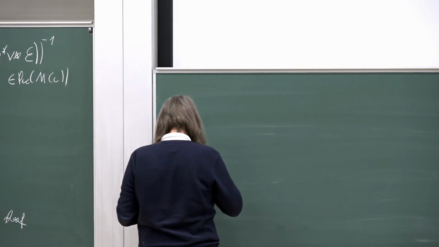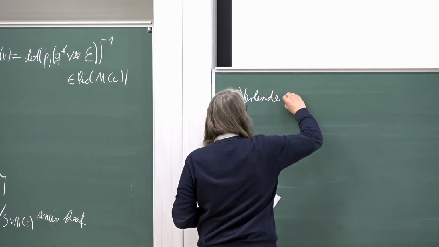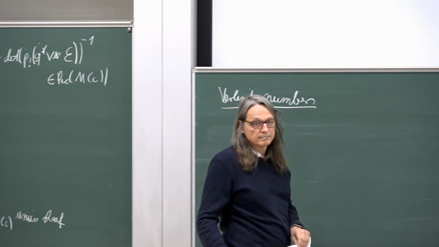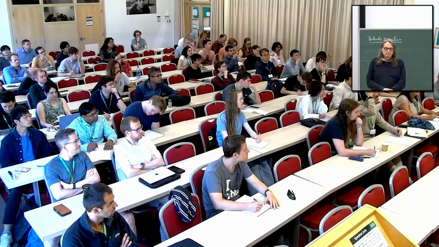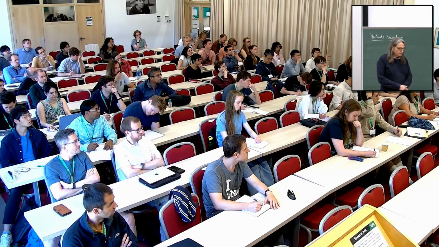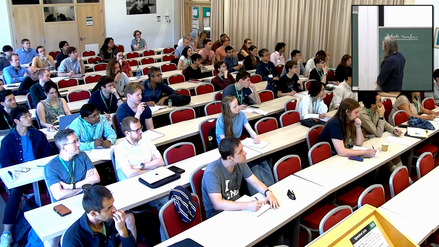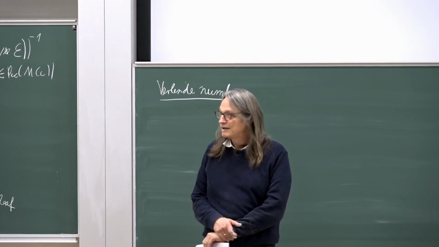define the Verlinde numbers. Yes. So here, at some point, I was assuming that stable is equal to semi-stable. If you want, you can assume that; it's a reasonable assumption.